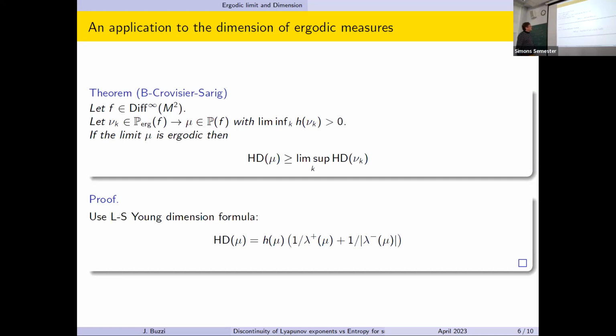Maybe something I should say, though I don't know how interesting this remark is: you have the Ruelle inequality that tells you that the entropy is less than the top exponent, for the ergodic case.